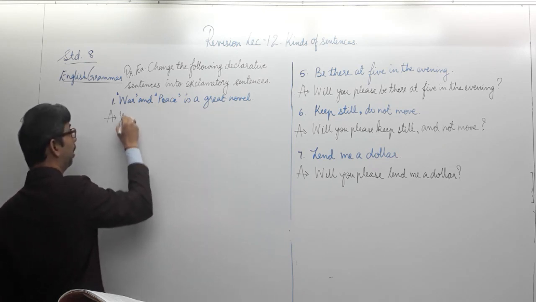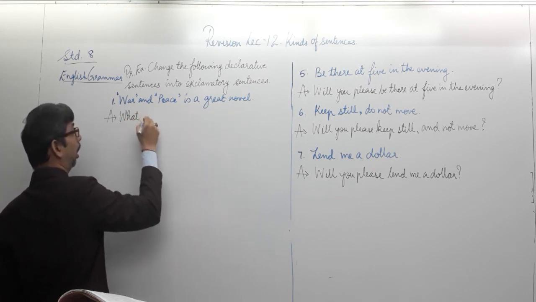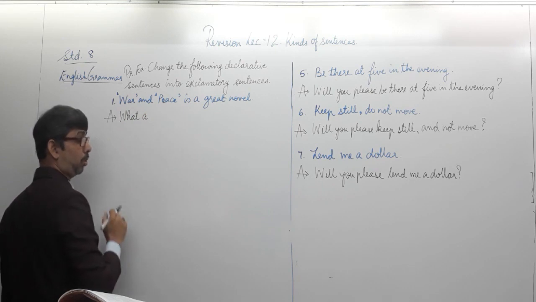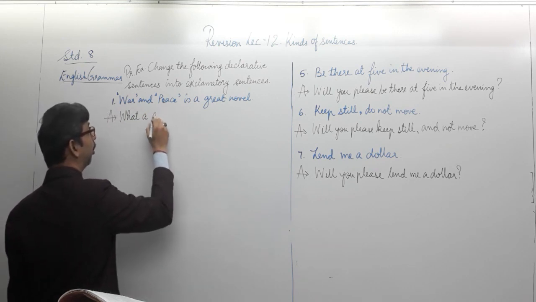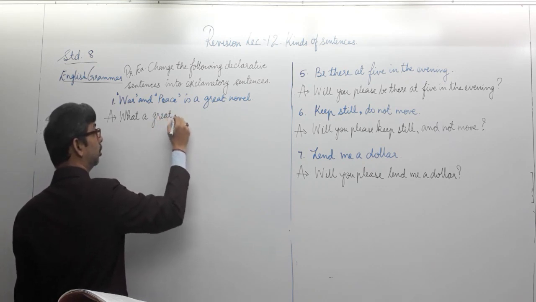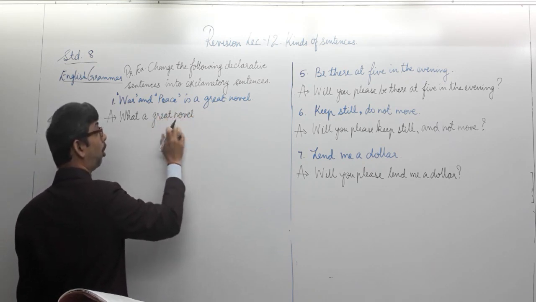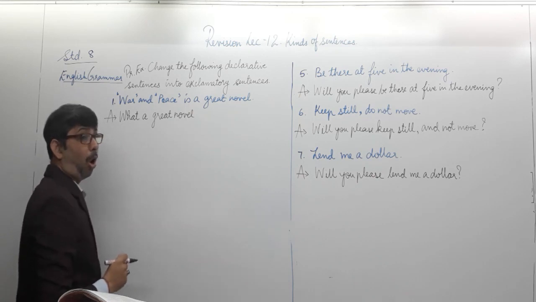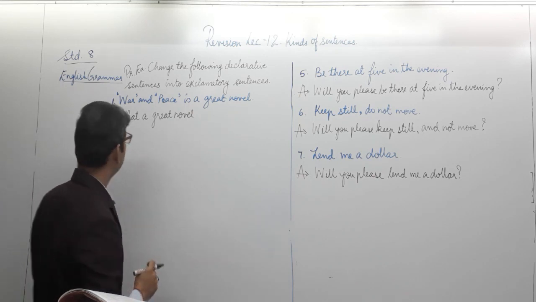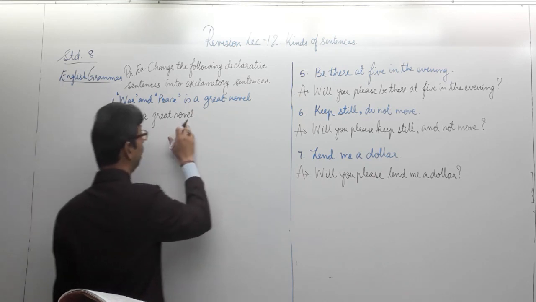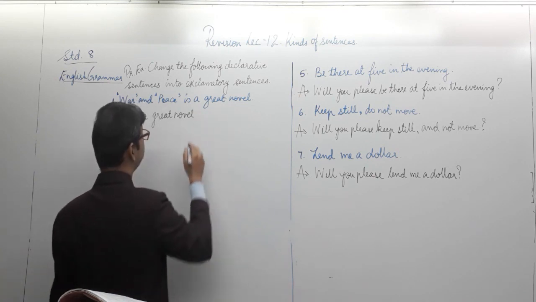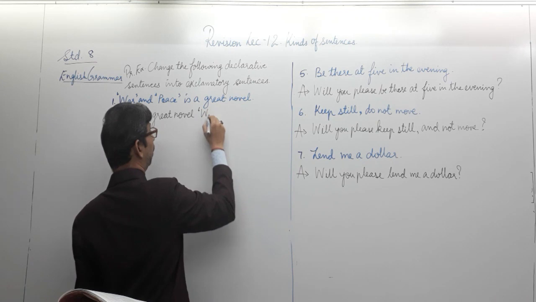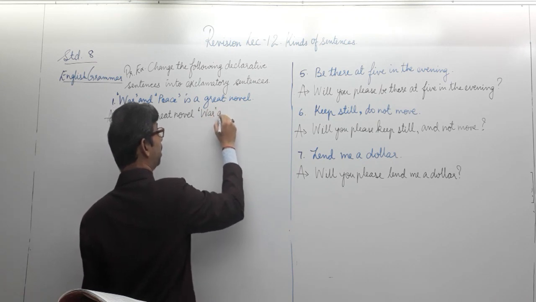We will begin with the word what. We are not asking a question, we are expressing surprise by using the word what. What a great novel. So here we are describing novel, which is the object part over here, isn't it? So what a great novel War and Peace is. Again putting War and Peace in quoted speech.